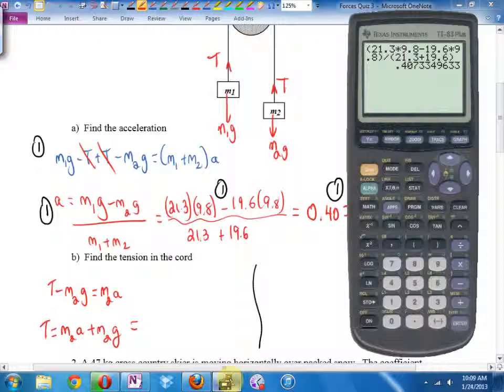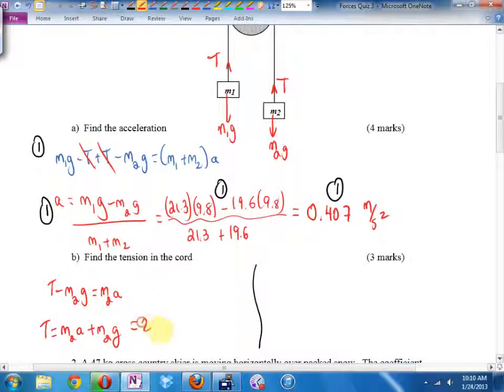It's going to end up being mass 2, 19.6 times a, I'll use my answer button, plus mass 2 times g. You get a tension of 200.1, 200? Yeah?